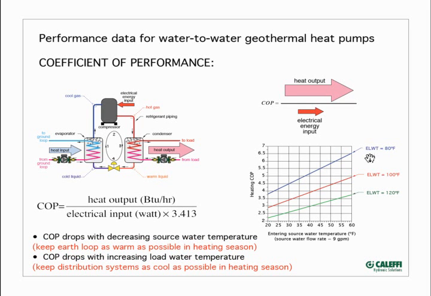This ELWT you see over here, that's entering load water temperature. This would be the water temperature coming back from the distribution system and going into the condenser of the heat pump. So again, a very low temperature distribution system is going to enhance that COP. And whatever we do as designers, we want that COP to be as high as possible.